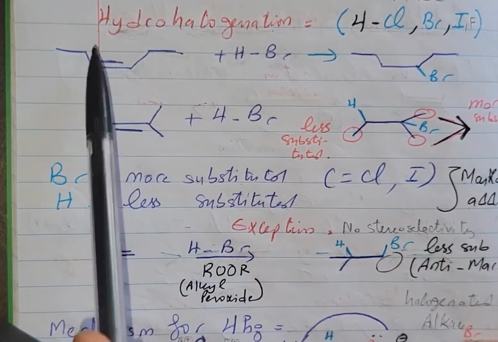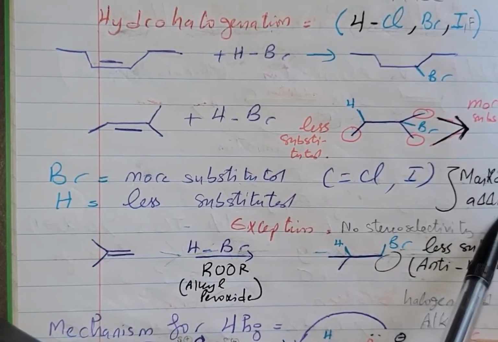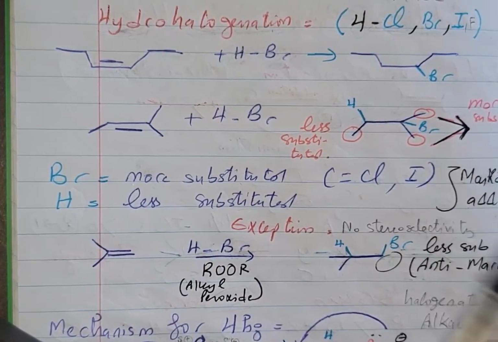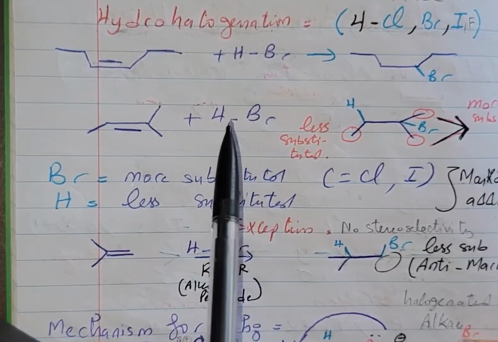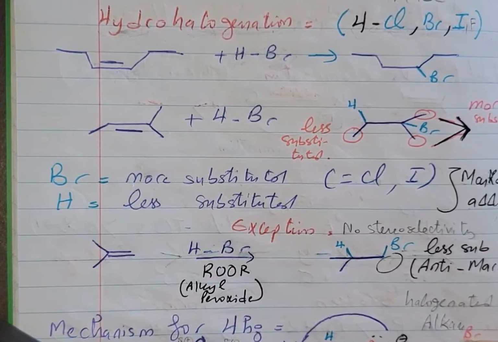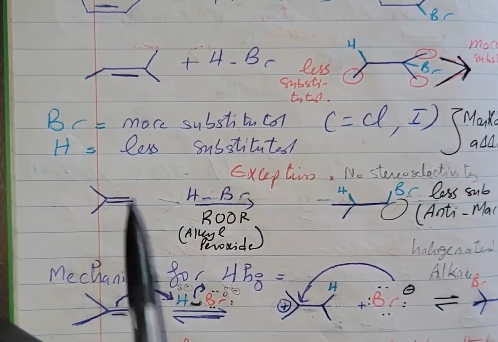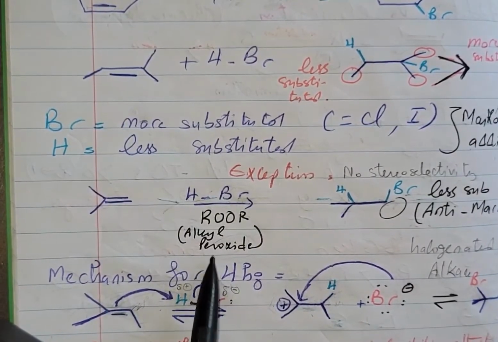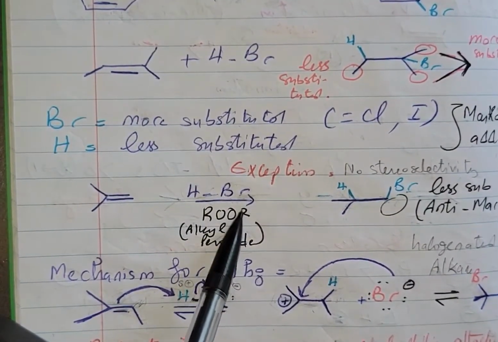So when it comes to hydrohalogenation, we have to follow the Markovnikov addition, except in one case: when the bromine atom, and only the bromine atom, is reacting with an alkene in the presence of an alkyl peroxide, which is represented as ROOR.